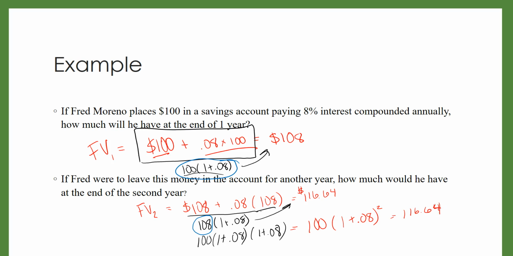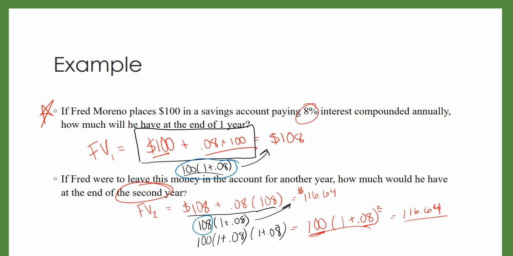So with that, now it's starting to make a little bit more sense. When we read this problem up here, we actually see some of those numbers in the equation. We see that the amount we'll have at the end of the second year is equal to the amount we initially deposited, that $100, times 1 plus our interest rate, our 8%, raised to the number of years.